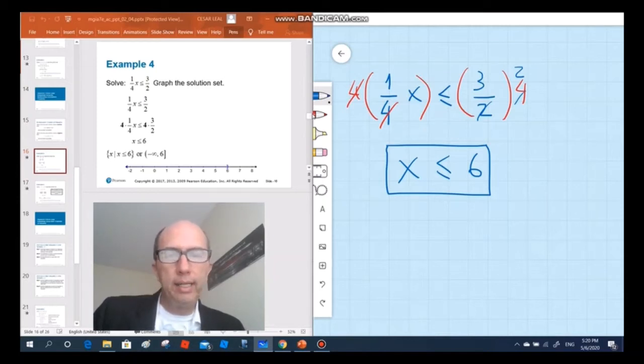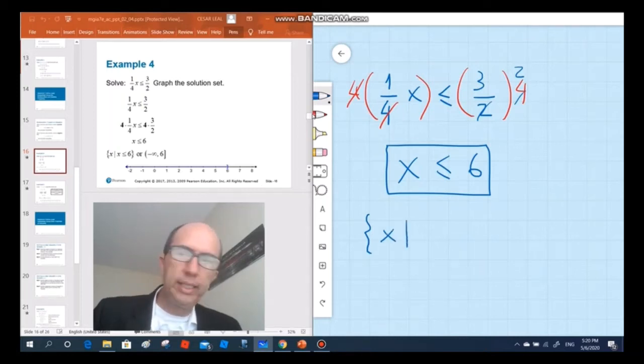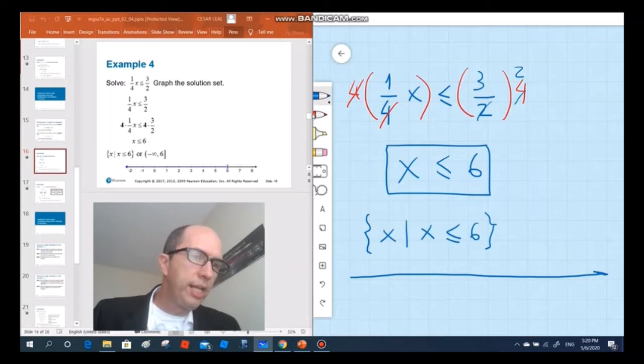Write down this in set notation, using set notation, the set of x such that x is less or equal than 6. Use graph notation, then you have the line, don't forget the arrows. The line goes from negative infinity to positive infinity. Here in the middle is number 6, point number 6.